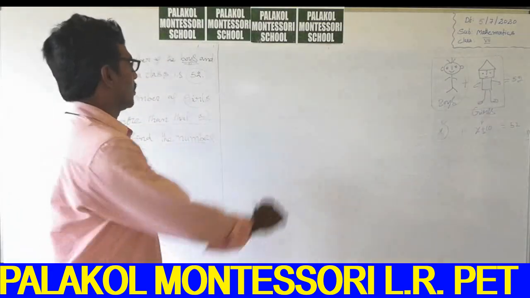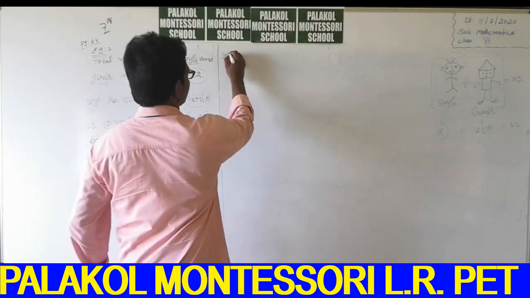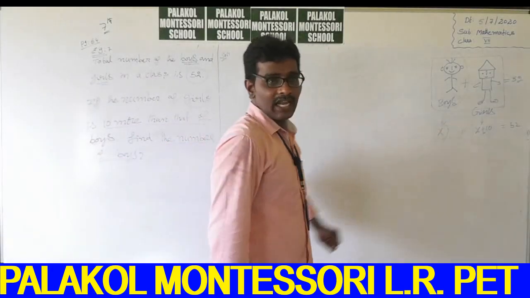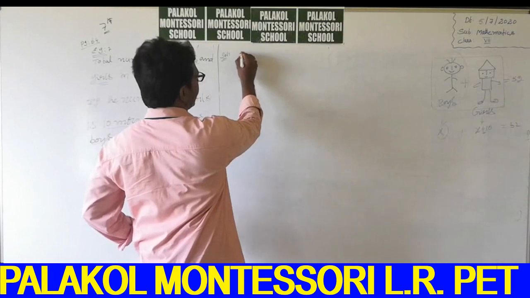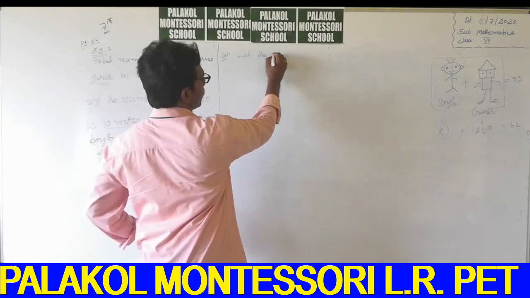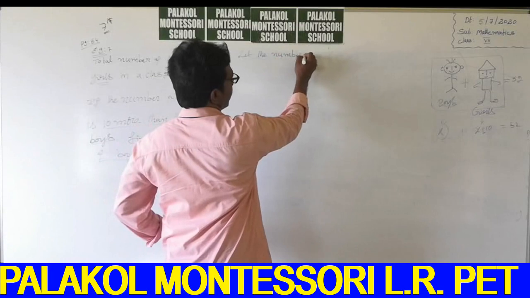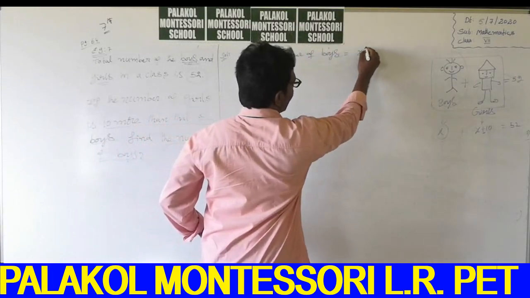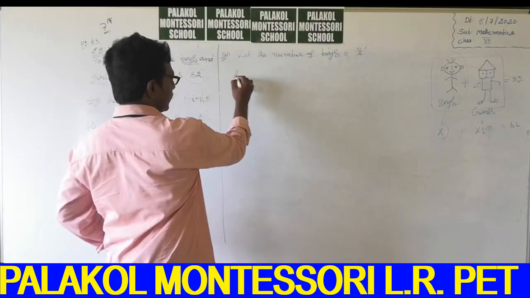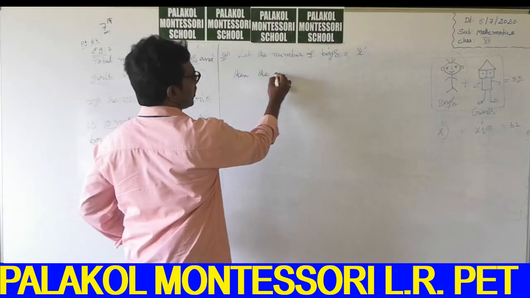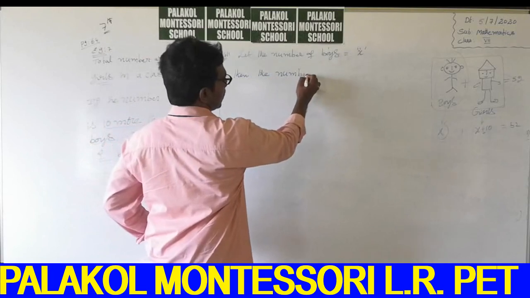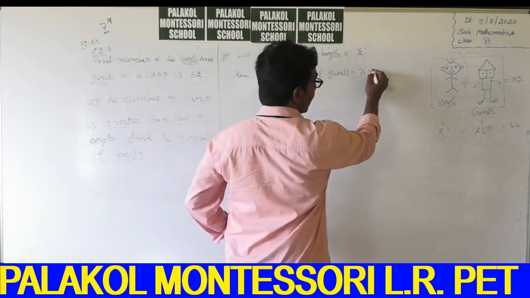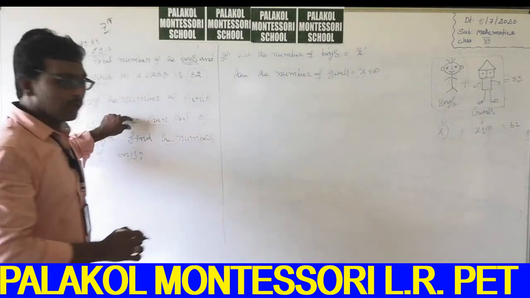Okay guys, now let's do the solution. First, take the number of boys as x. Simply write: let the number of boys be equal to x. Then the number of girls is x plus 10. Why? Because according to the problem.